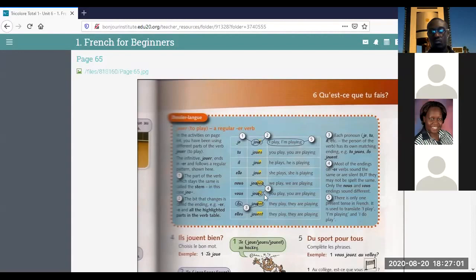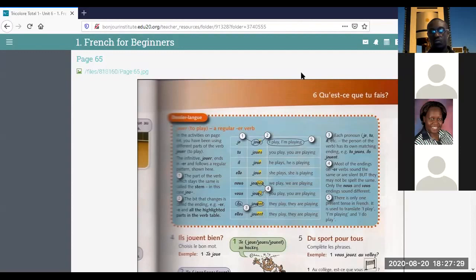We can even read it together. Je joue, all of us. Tu joues. Il joue. Elle joue. Nous jouons. Vous jouez. Il joue. Elle joue.